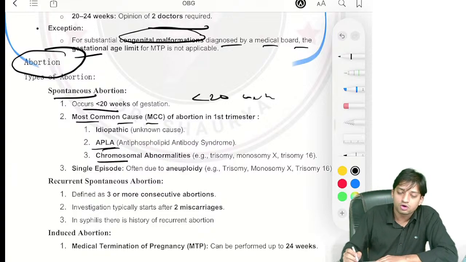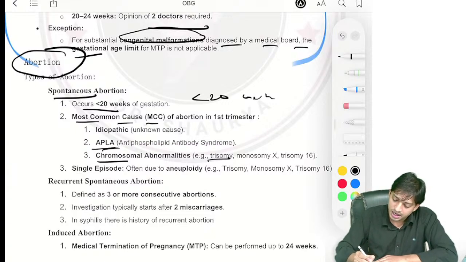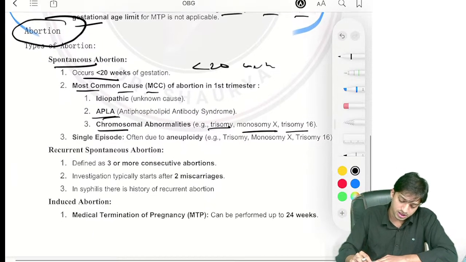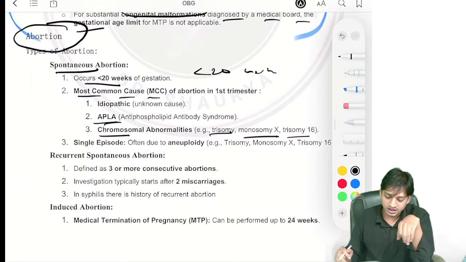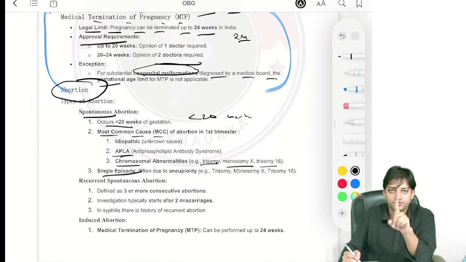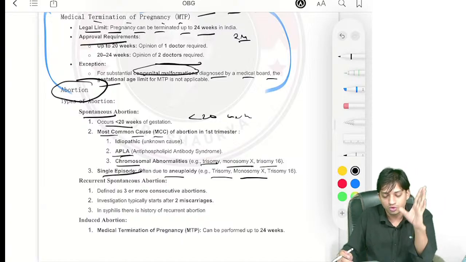Then chromosomal anomalies. First trimester abortion is very common due to chromosomal anomalies, trisomy, monosomy of X or trisomy of other chromosomes, right?